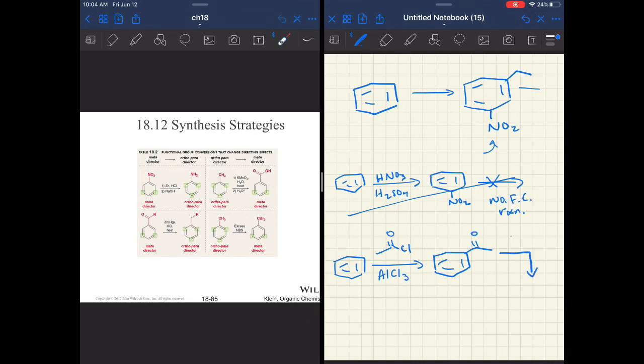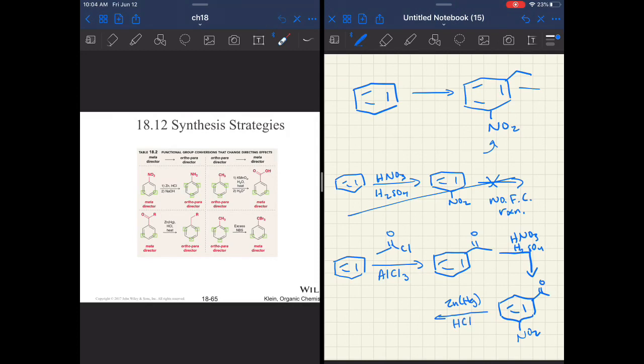Now whenever I nitrate, and I can certainly put a nitro group on in the presence of a carbonyl, there are no rules about that, it will go to the meta position. And now all I need to do is my Clemmensen reduction, right? So I will go in with my zinc mercury amalgam and HCl.